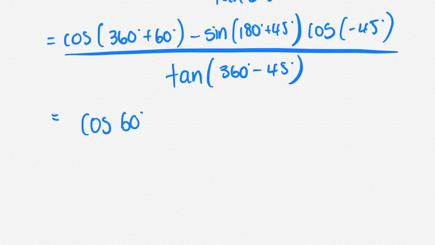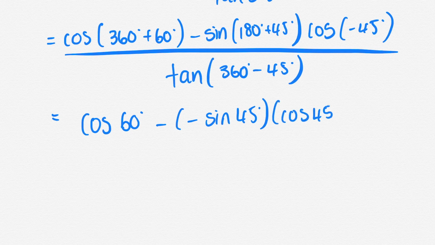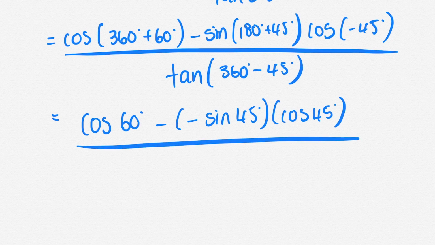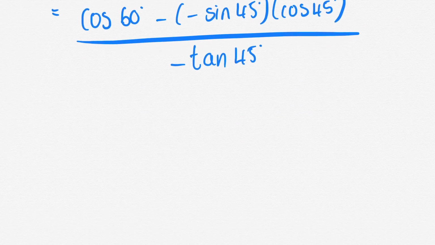We know that cos of 360 plus 60 puts you into the first quadrant. If you're not sure what that is, make sure to watch the previous video, but that is the quadrant where all angles are positive. Now you can see I've put in brackets the negative sine 45, the sine where you have 180 plus 45 degrees, that actually takes you into the third quadrant. And there, only tan is positive, and that means that sine will be negative.